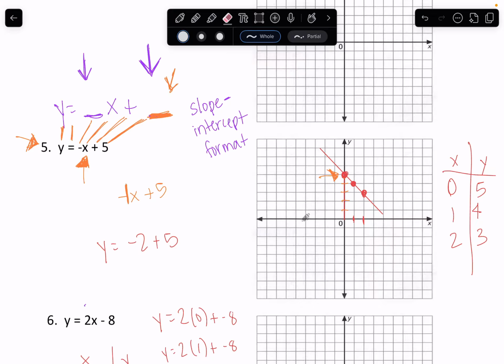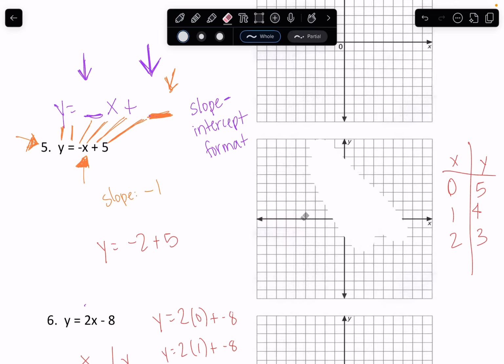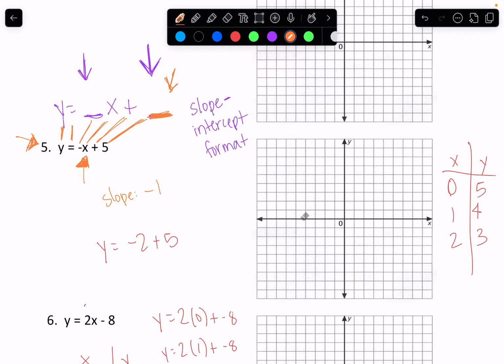All right, so the slope here is going to be -1. So if I know, I'm going to erase this line. If I know that the y-intercept is 5, 1, 2, 3, 4, 5, and then the slope is -1, that's the same thing as -1/1.